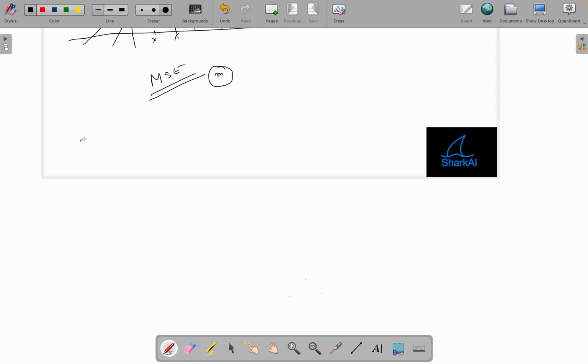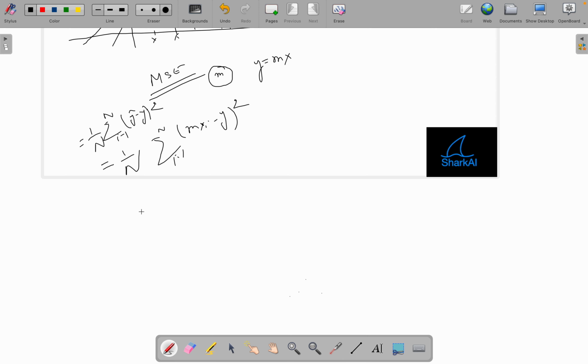The MSE equation is 1 by n, sum of i equals 1 to n, of y predicted minus y actual, squared. Suppose my line is y equals mx. So the equation becomes sum of i equals 1 to n, of m xi minus y, squared.